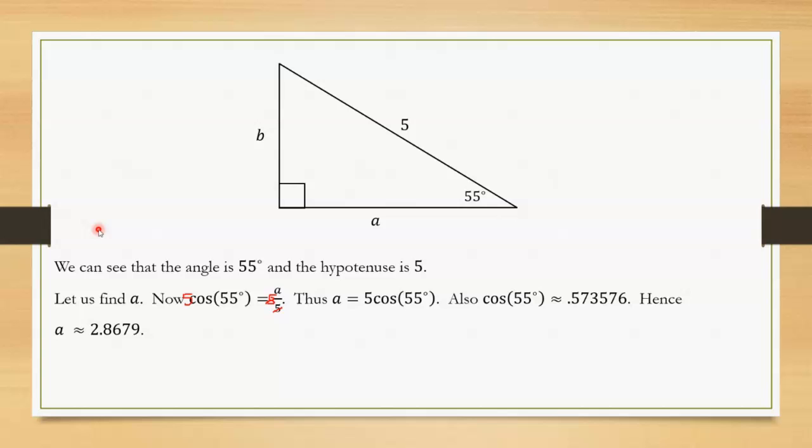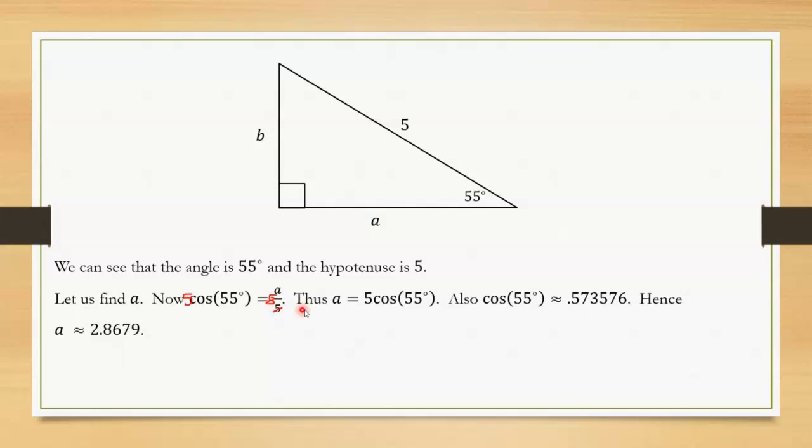All right. Awesome. Now, let me go through it again. We know cosine of 55 degrees is adjacent, which is A, over hypotenuse, and that's 5. That's why we're using cosine. We're solving for A. I multiply by 5.